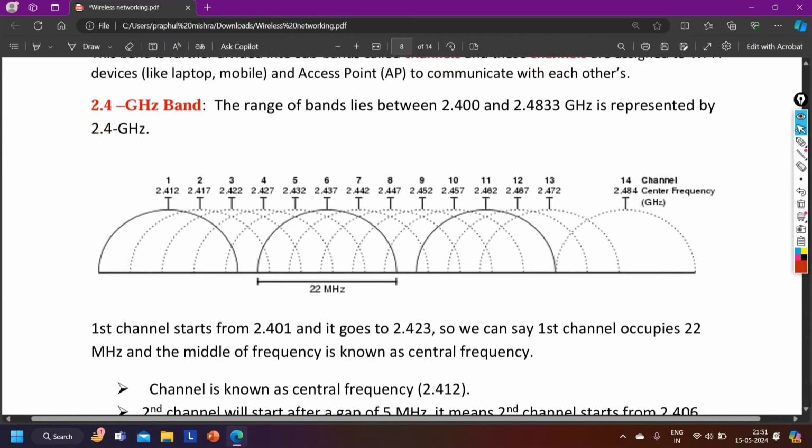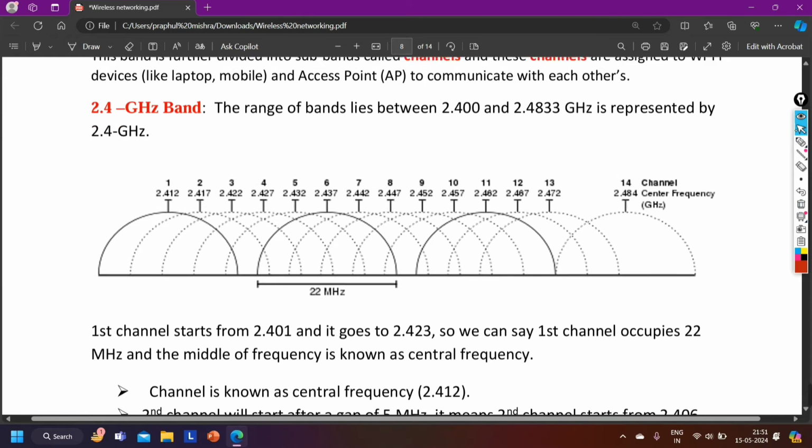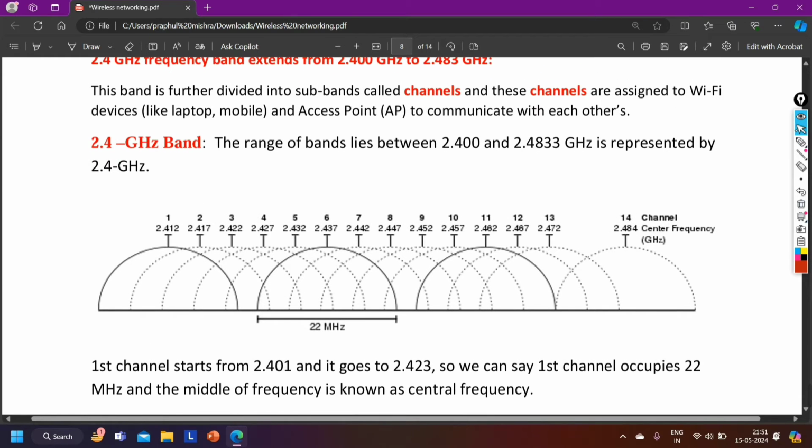Fine, guys. Now, I'm sure that you have seen this diagram in lots of books, on the internet or in your classroom, right? But some people get confused after seeing this diagram, guys. Why? Because it's not clear, right? It's not very clear what this is, what this one is, where there is overlapping, where there is non-overlapping.